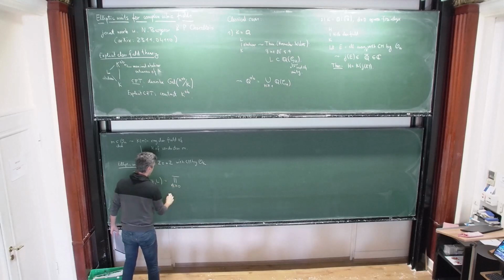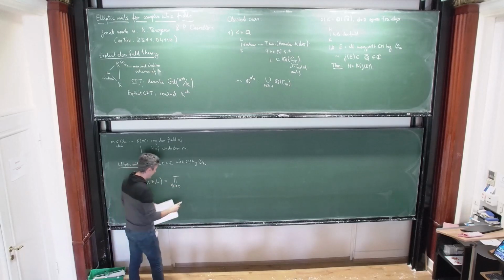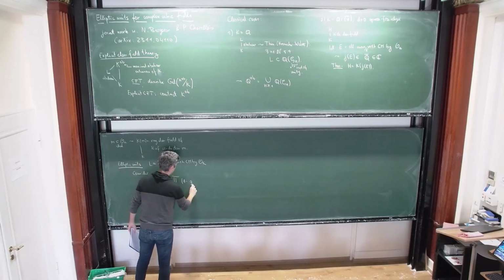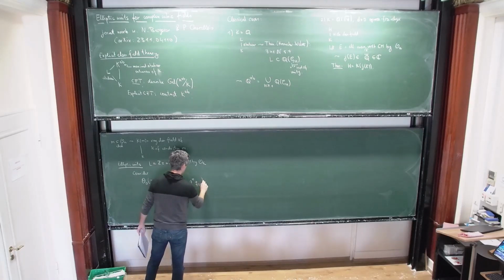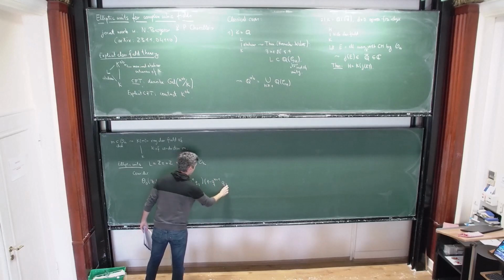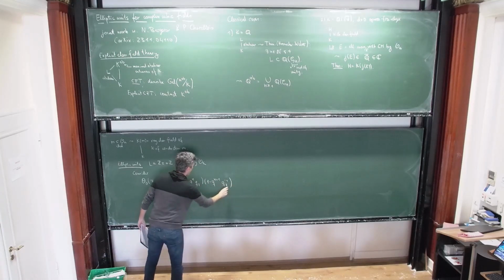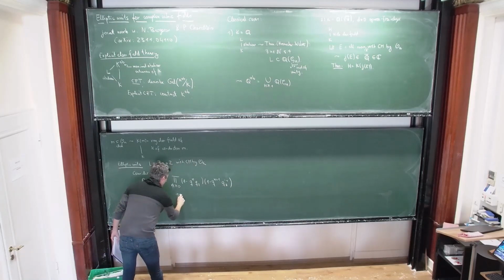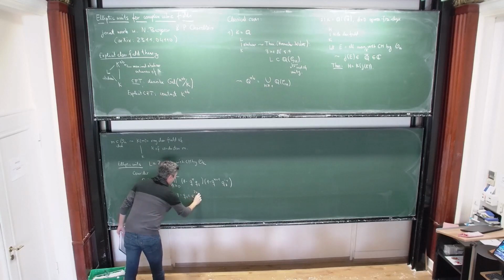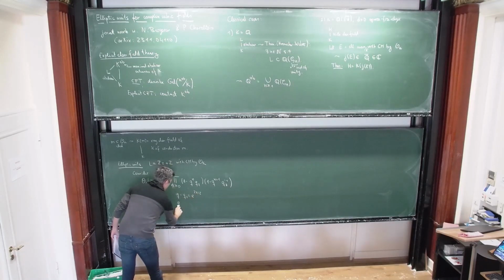So n varies over the non-negative integers, and I take the following: 1 minus q^(n+1) times q_z inverse. And here the notation is the standard notation. So q is what could be called q(tau), which is e^(2 pi i tau), and q_z is e^(2 pi i z).